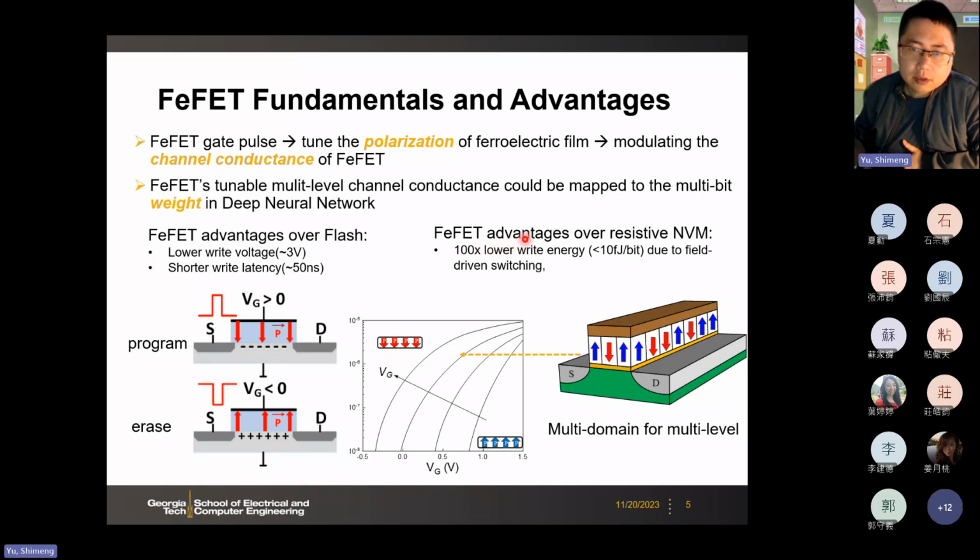Compared to resistive memory, FeFET could have much lower write energy. The reason is that for the ferro switching, we apply voltage through the gate, so there's no DC current. It's field driven, and field driven is much lower energy than current driven.